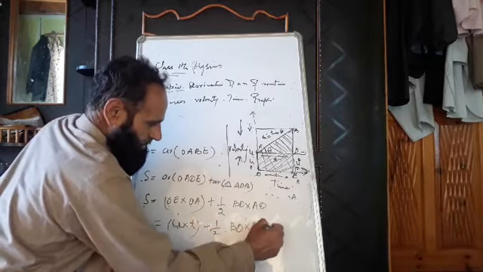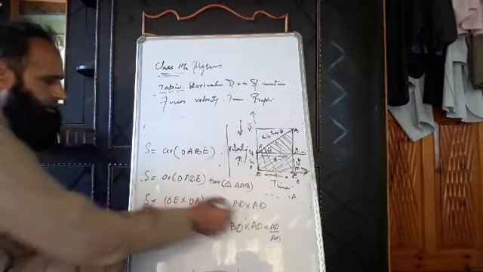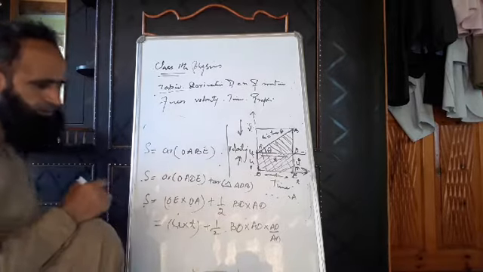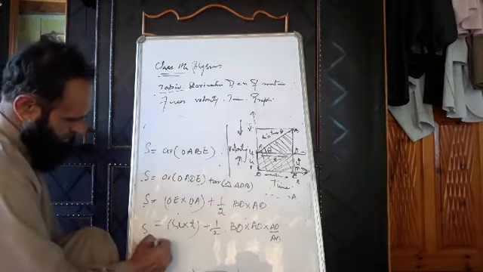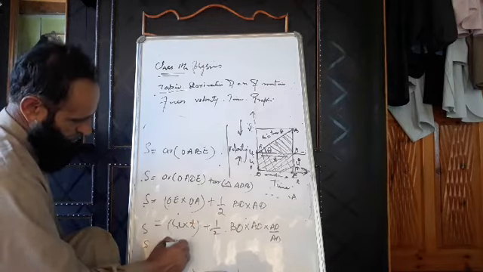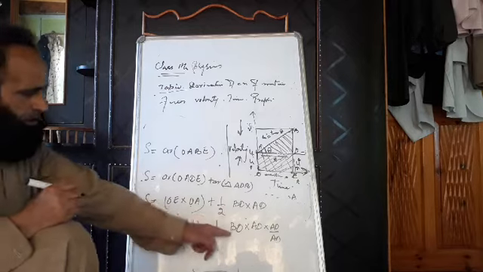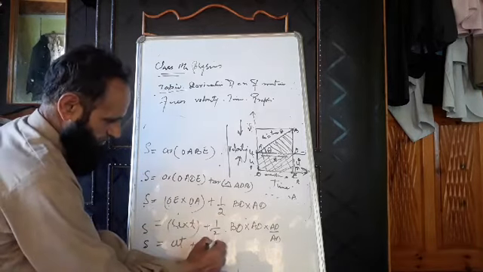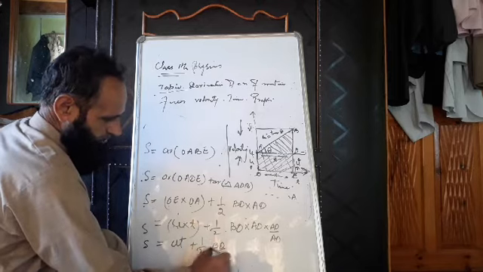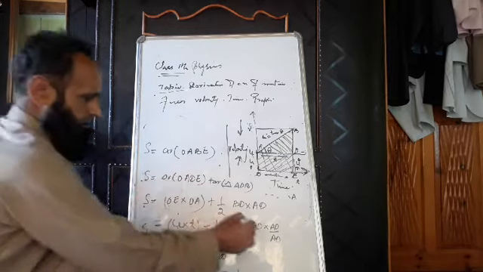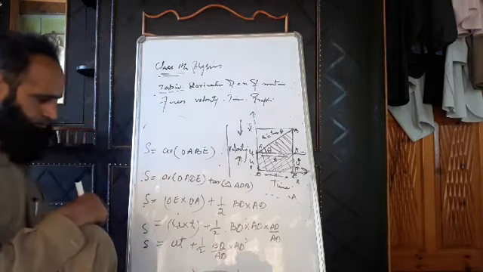If we multiply AD and divide it by AD, no problem. Then our S would be ut plus 1/2 BD divided by AD into AD square.